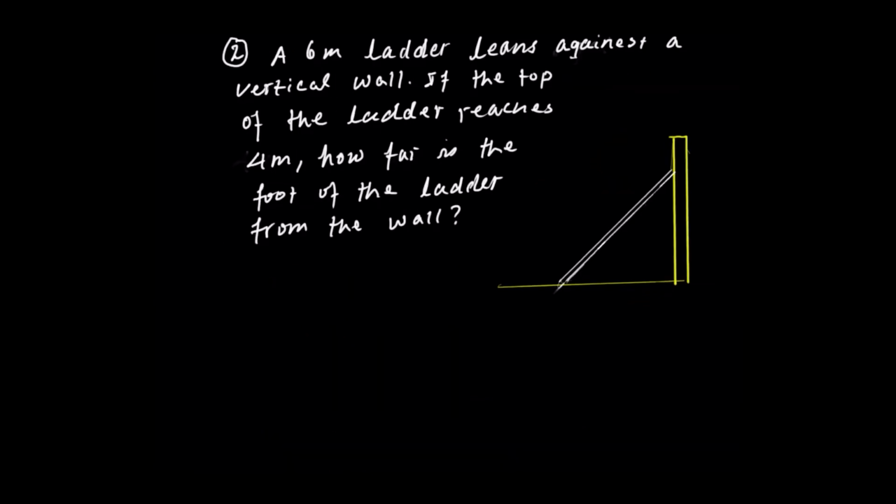Let's move to the second one. The second question is this: a 6 meter ladder leans against a vertical wall.